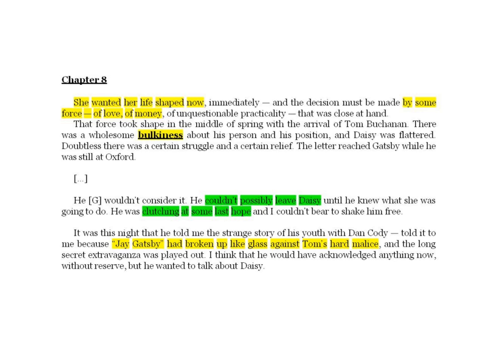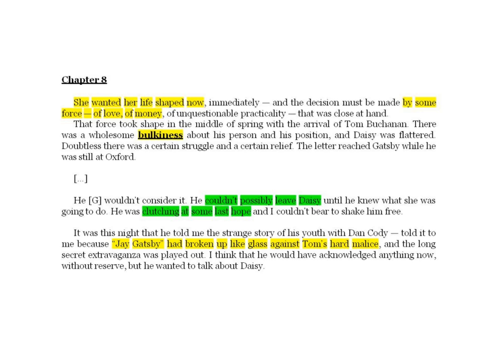The other yellow moment here is quite interesting in terms of America and the self-made man and the land of opportunity and social mobility. See the context video. Jay Gatsby, in quotation marks, they're not mine, they're from the novel, had broken up like glass against Tom's hard malice.